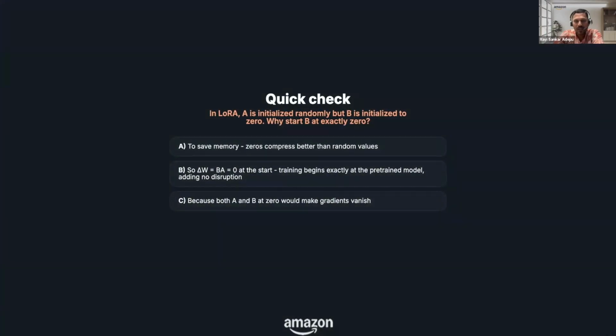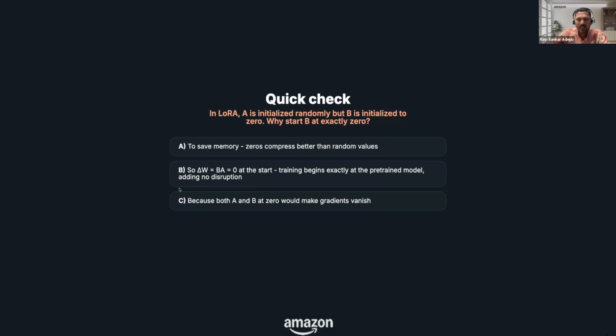So, a quick quiz: why is B initialized to 0? Let's test the initialization detail because it's a great question for understanding. A is random, but B is set to 0. Why start B at 0? Take a second and guess.